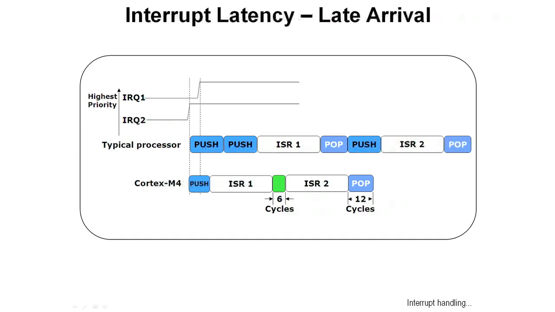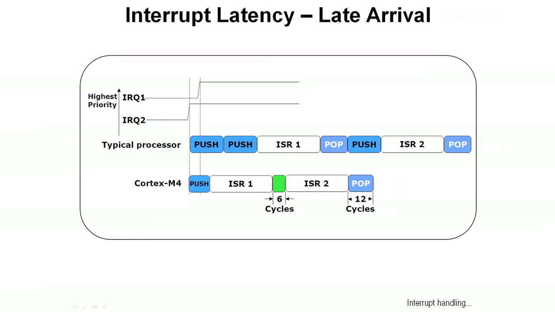As soon as it detected that there was a higher priority, it would finish the push, start a second push, and then go through an entire sequence where it did push ISR1, pop, push ISR2, and then pop. A significant amount of cycles wasted here.